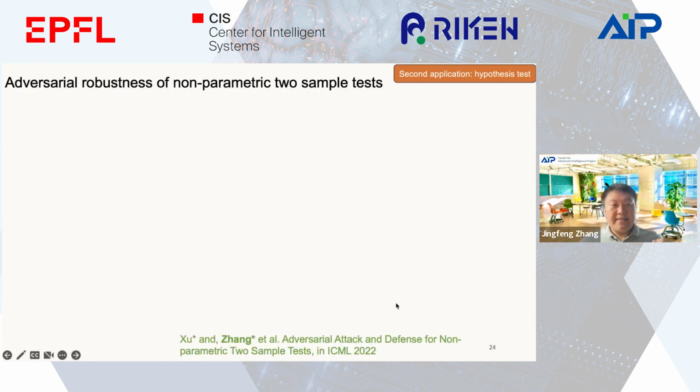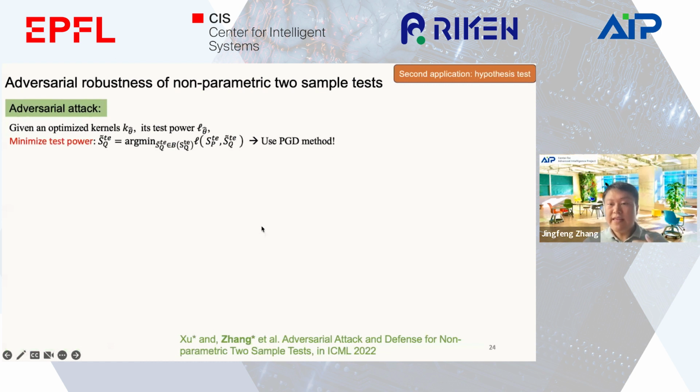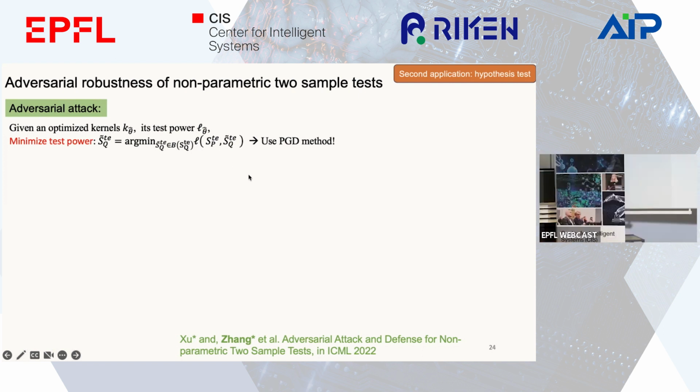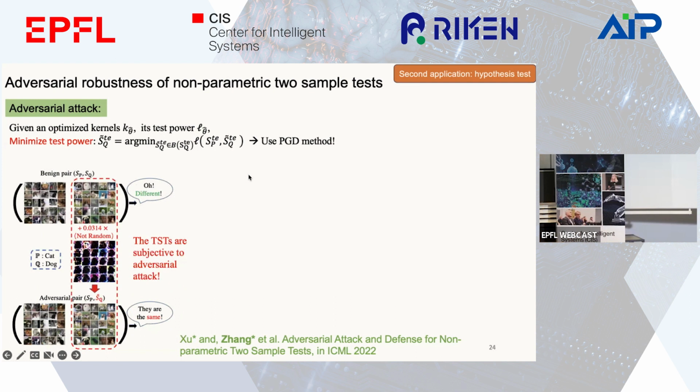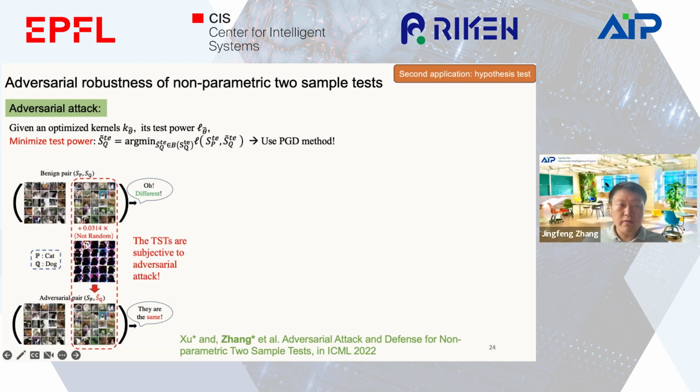Now, we consider a potential risk that causes a malfunction of a non-parametric two-sample test. To this end, we use the PGD method to minimize the test power to search for adversarial test pairs. For example, we have a lovely image of cats and dogs.